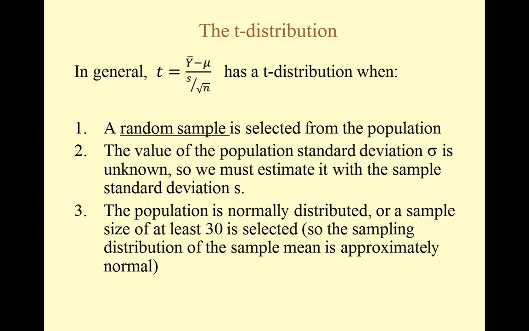And since we're calculating a sample mean, this naturally has to be quantitative data. The value of the population standard deviation sigma is unknown, so we estimate it using the sample standard deviation S, and either the population is normally distributed or we take a sample size of at least 30 so that the sampling distribution of the sample mean is approximately normal.